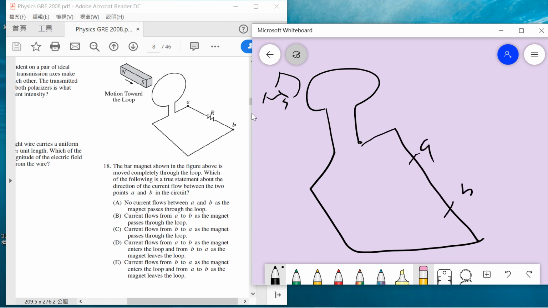This is A, this is B. Lenz's law means that the loop will try to prevent the magnetic field from flowing in.